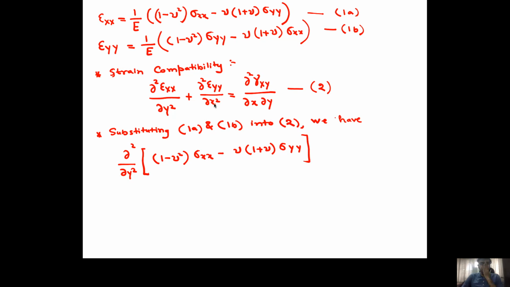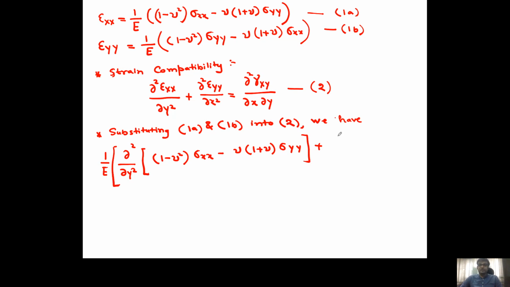I am not writing 1 by E, or I can write it here actually. Ultimately, this 1 by E will cancel out. You have already seen this in case of plane stress, and the same thing will happen in plane strain.